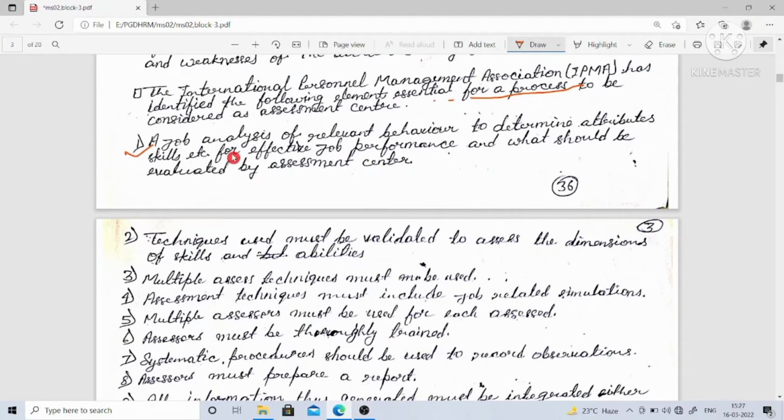The job analysis is done to find out the relevant behavior and also to determine different attributes and skills for effective job performance.